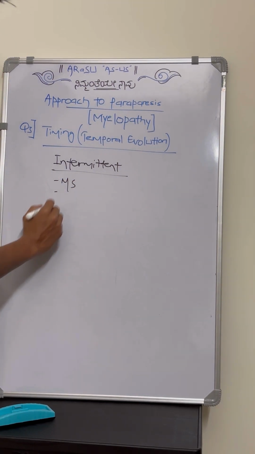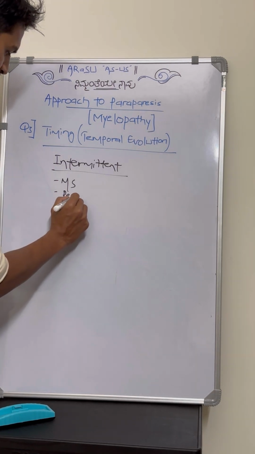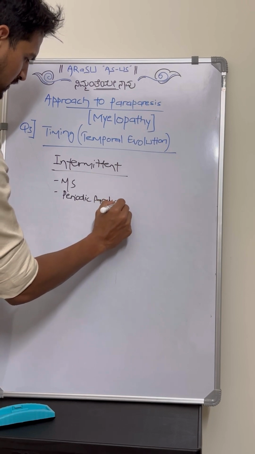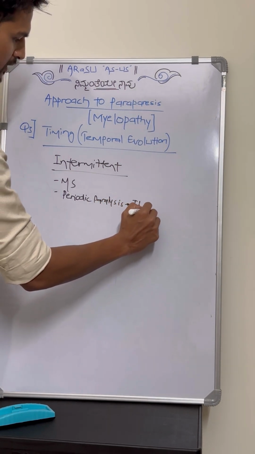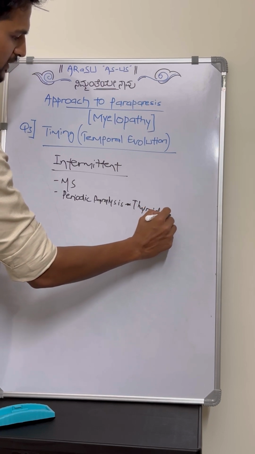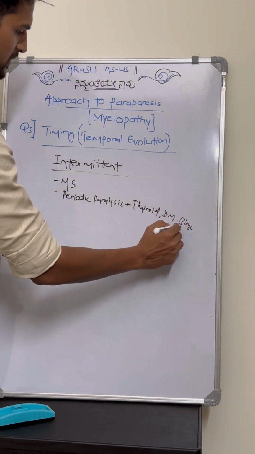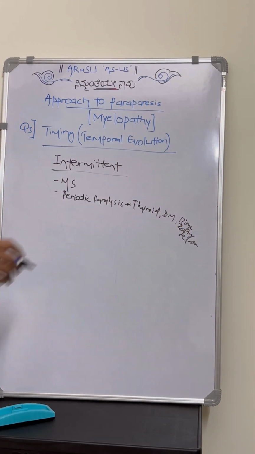Then for a young individual, it can be periodic paralysis. Here, as part of workup, we have to get thyroid profile, then history of diabetes, and any binge eating related weakness is very important in periodic paralysis.